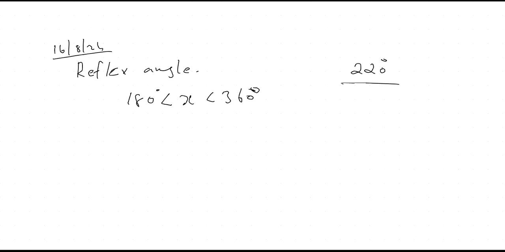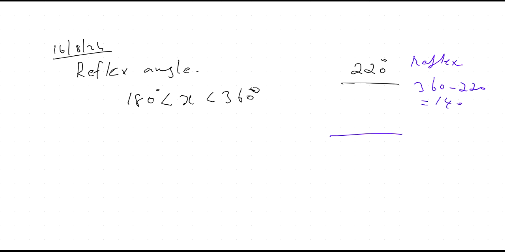Draw one line, and you have to do something. This 220 degrees is a reflex angle. 360 minus 220 means 140. So what to do?